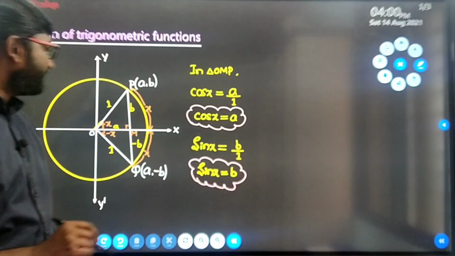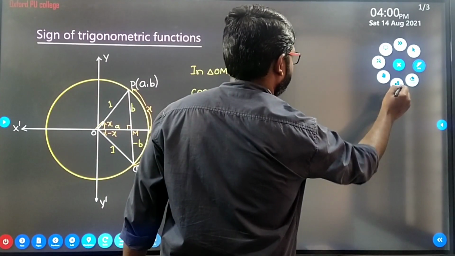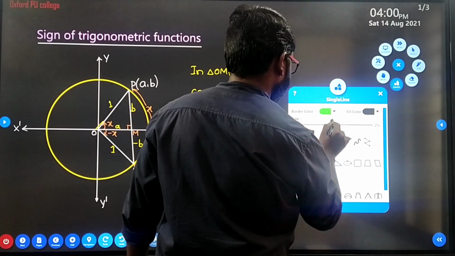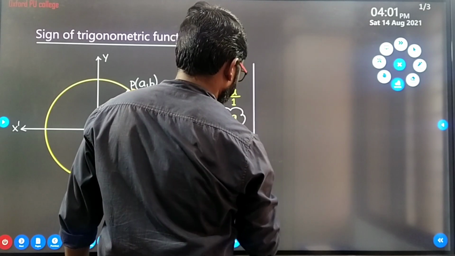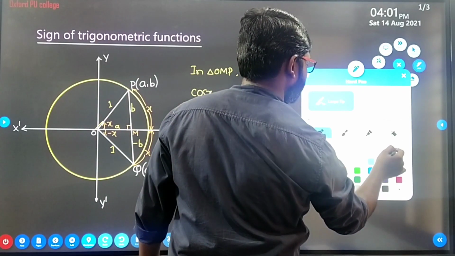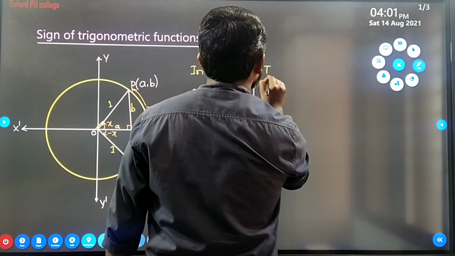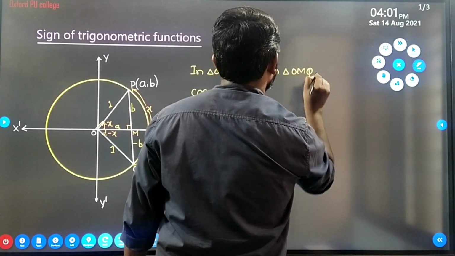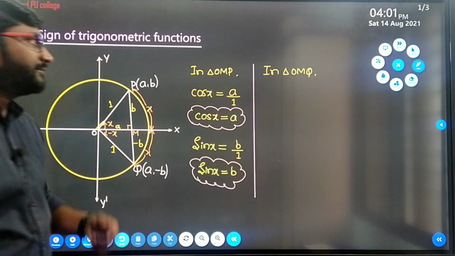So now I'll go for the triangle OMQ. In triangle OMQ, get the value of cos of minus x and sin of minus x.